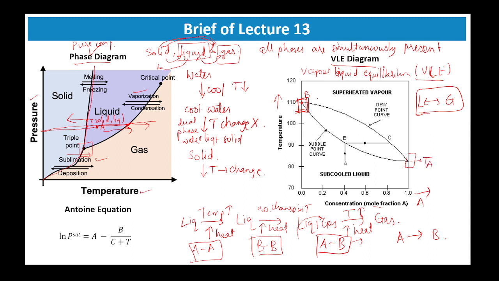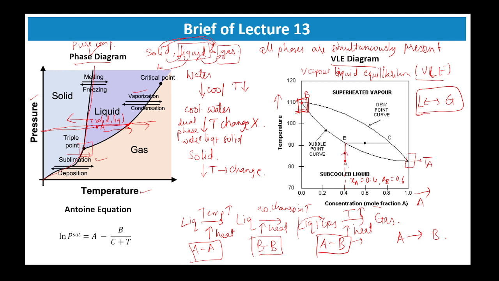Now in any other region where you have a mixture, like where the mole fraction changes, suppose you have this as the starting point. This is the amount of A present, which is XA equals 0.4, XB equals 0.6. Now if you start increasing the temperature, then as I said, there will be some increase in the temperature of the system.